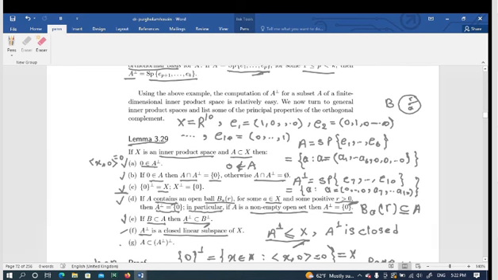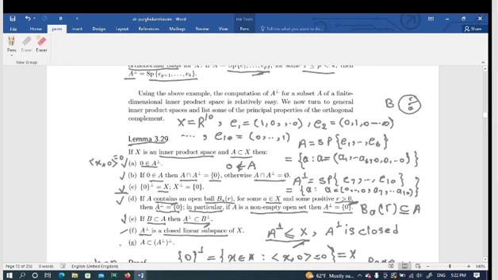Because we know from A that 0 belongs to A orthogonal, and if 0 is also in A, the intersection of A and A orthogonal is just {0}. And otherwise, if 0 is not in A, the intersection must be empty.